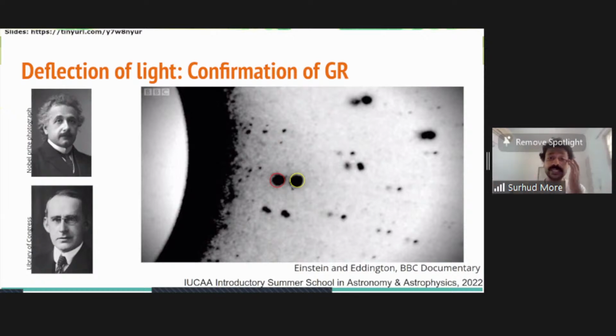You are not even seeing multiple images of the same object. There is an object which would have been there if the sun was not near, and the actual image that you see is a little bit further away from the position where it was supposed to be. So it's not microlensing. There would be a small amount of magnification caused by this deviation, but it's going to be quite small. Okay, yeah.